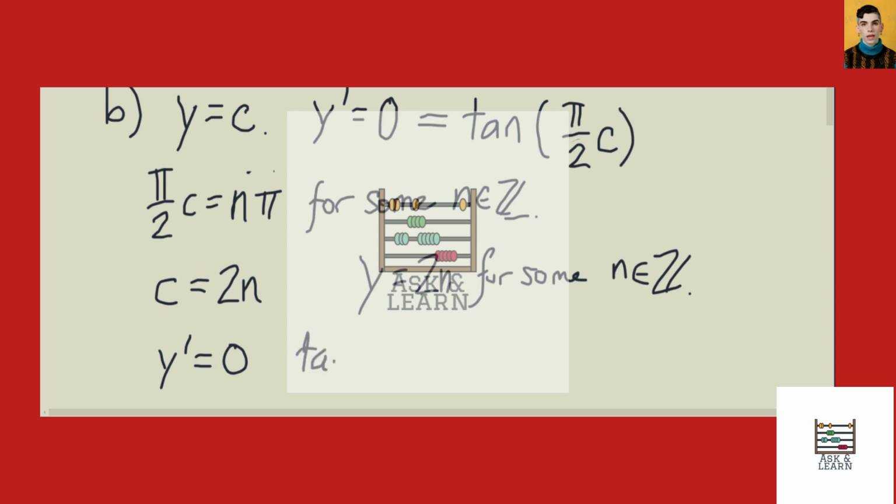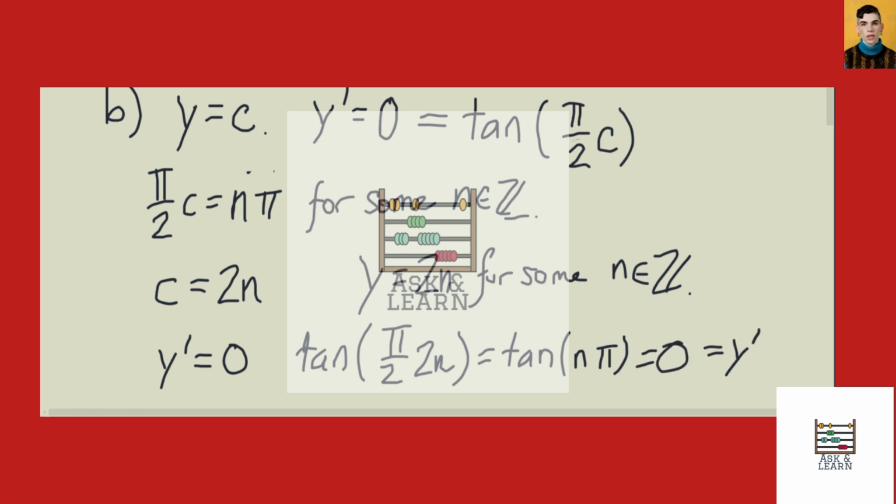So we assume that y equals 2n; we're taking this as a possible solution. We get that y prime is equal to 0, and we get the tangent of pi over 2 times y, which is 2n. This is equal to tangent of n pi, which we know is 0, and therefore is equal to y prime.